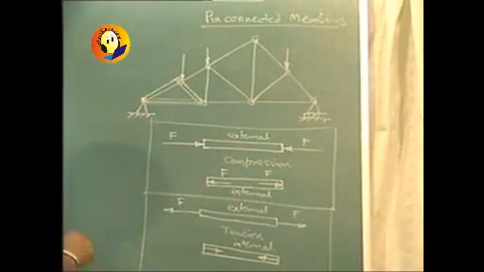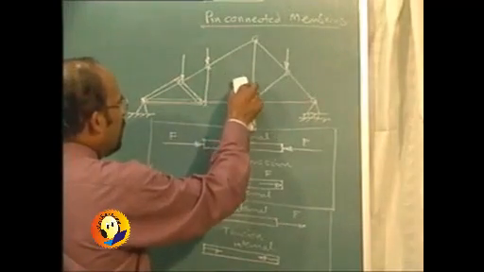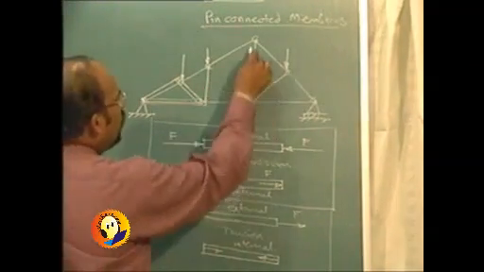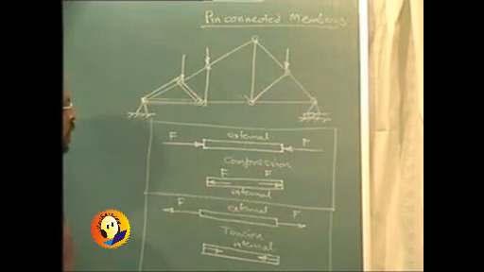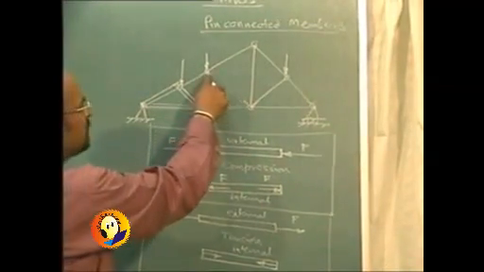For the stability of the truss, it should not have anything in the form of a quadrilateral. Something like this cannot be there, because you will find that this is not a stable structure. You can uniquely define a triangle just by defining the sides, but you cannot uniquely define or constrain a quadrilateral.